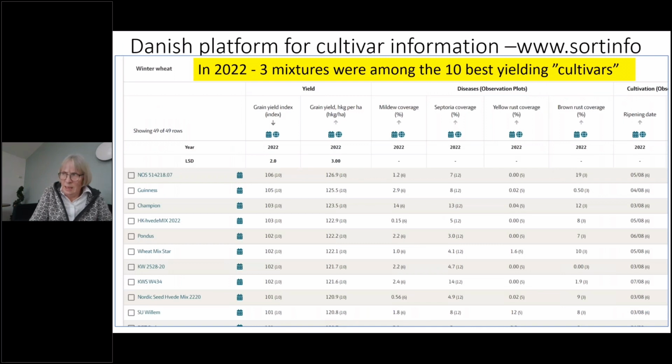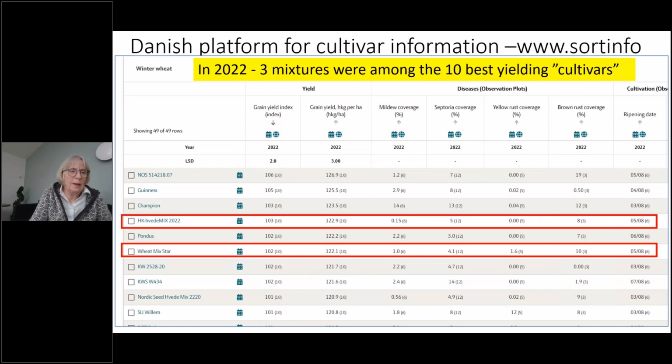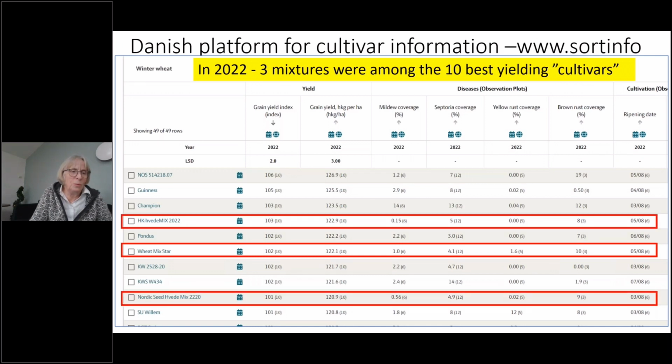The reason why the Danish farmers have picked this up, I think one of the main elements is that stakeholders have agreed that this is a good idea. And we have this platform which is called Sortinfo. If we look at last autumn, of the 10 best yielding varieties, 3 of those were mixtures.